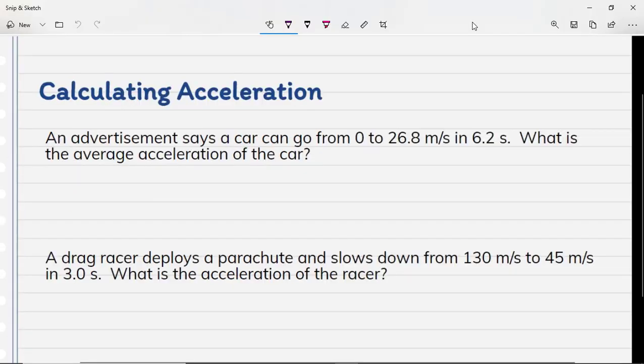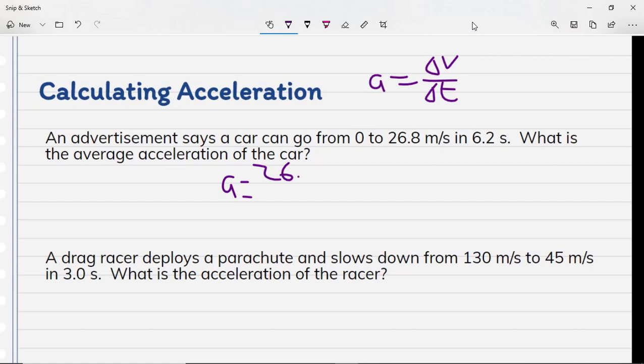An advertisement says that a car can go from 0 to 26.8 meters per second in 6.2 seconds. What is the average acceleration of the car? Well, remember that acceleration is equal to the change in velocity over the change in time. Our final velocity is 26.8 meters per second, and our initial is 0, and our change in time is 6.2 seconds.